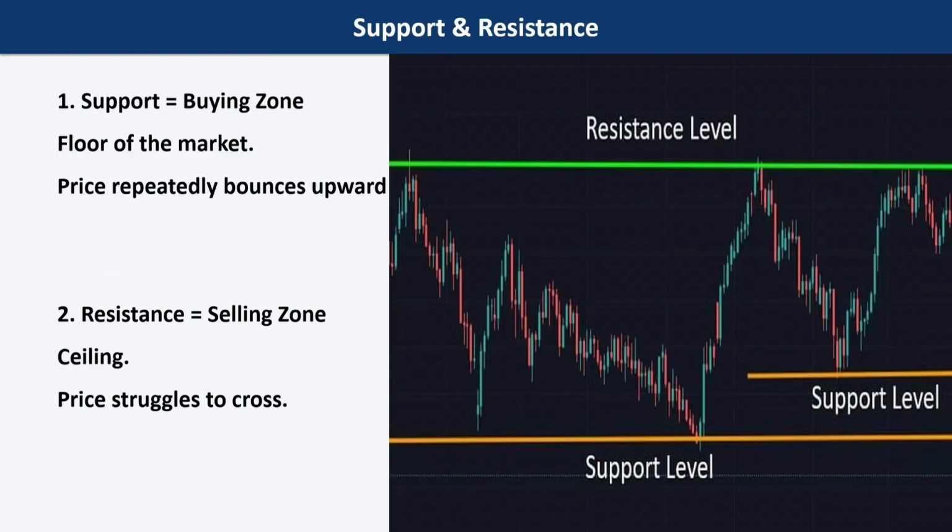So these important price levels are called what? Support and resistance. First I will explain what support is. Support is the price level where a falling stock tends to stop falling because buyers become active. At this level, when the prices are falling, demand will increase and buyers feel that the stock is available at an attractive price.